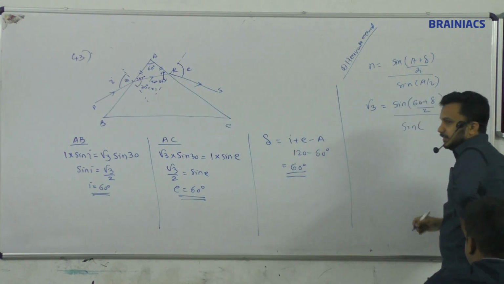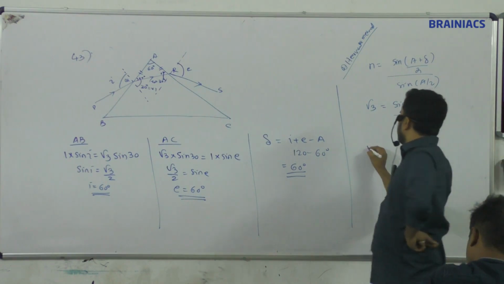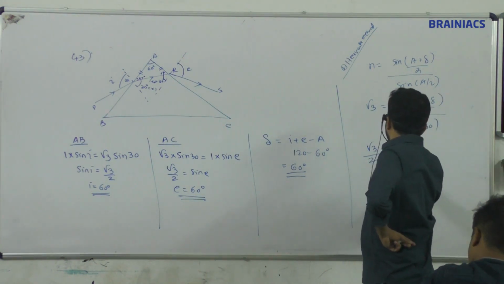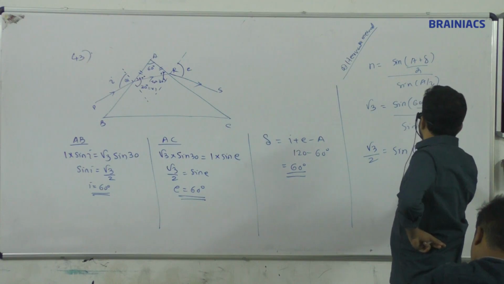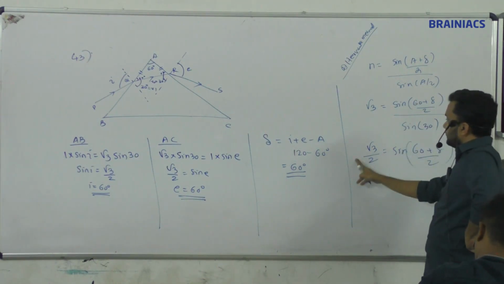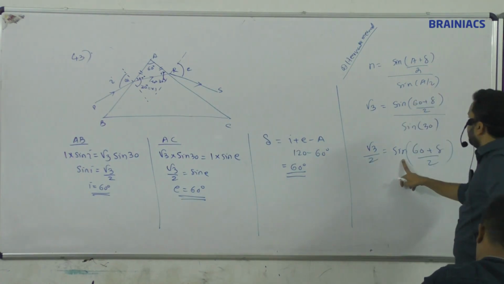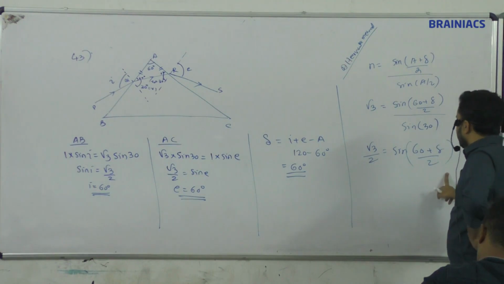A is 60, and 60 by 2 means sine 30 degree. You cross multiply this and you will get √3 by 2 is equal to sine of (60 plus delta) divided by 2.